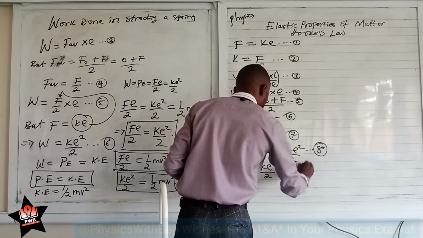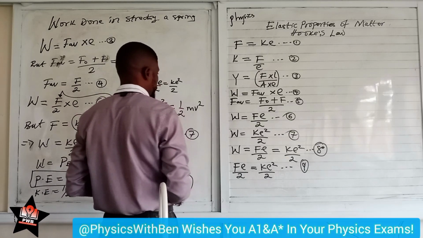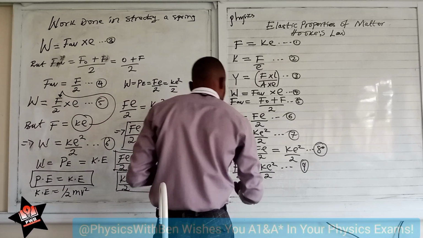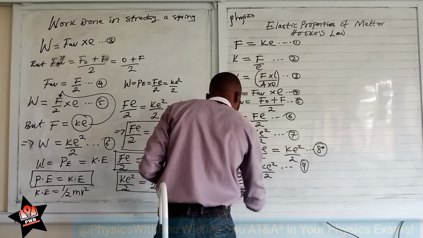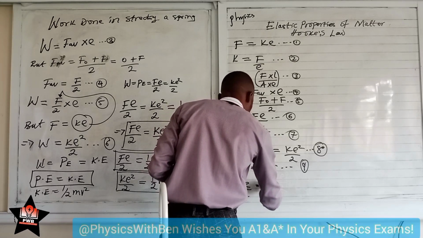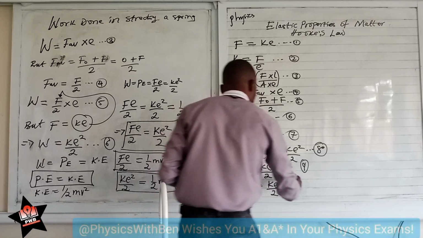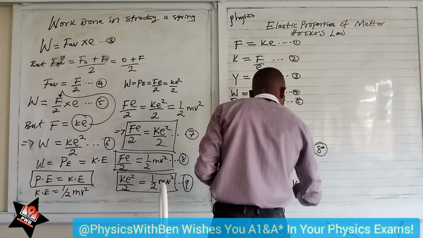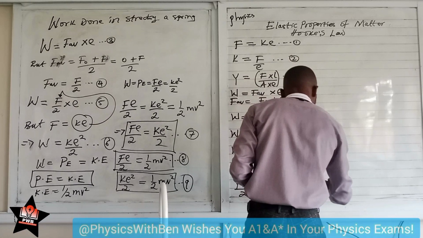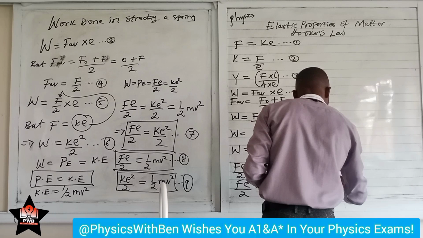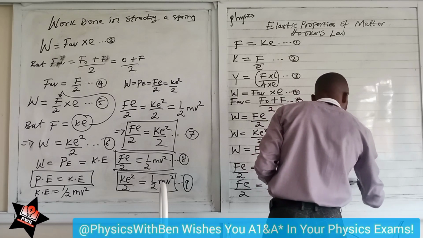Call it equation 9. And then from the law of conservation of mechanical energy, we say that Fe all over 2 is equal to Ke squared all over 2 is equal to half mv squared. And this is congruent to PE, elastic potential energy, is equal to KE, kinetic energy.